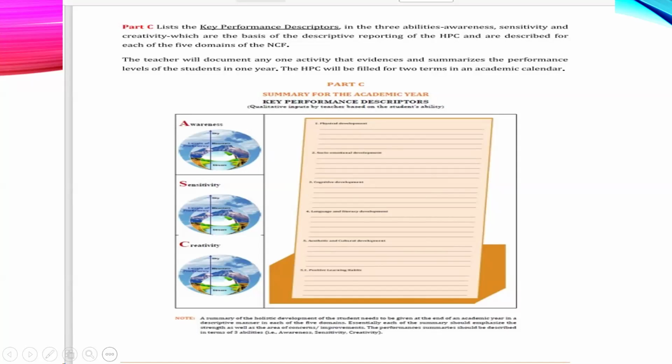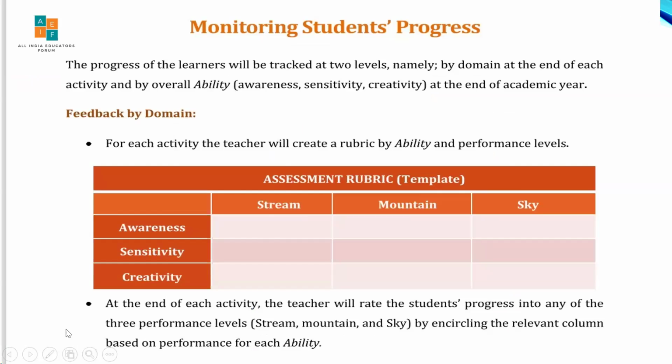Likewise, I will go on with the assessment. Now, monitoring students' progress. This is the rubric: awareness, sensitivity, creativity, and stream, mountain, sky. This is the new kind of vocabulary that we need to familiarize ourselves with.